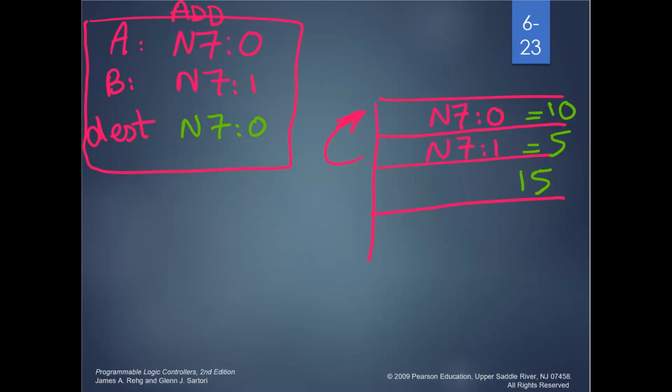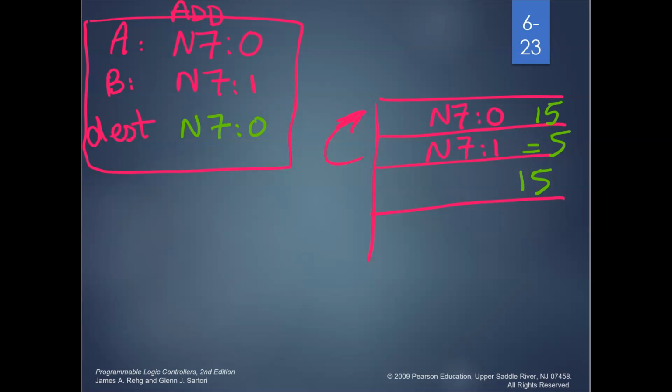Now what I'm going to have here is 15. If I executed this instruction 1 time, what I'm going to have in my destination, which is N7:0, is 15.